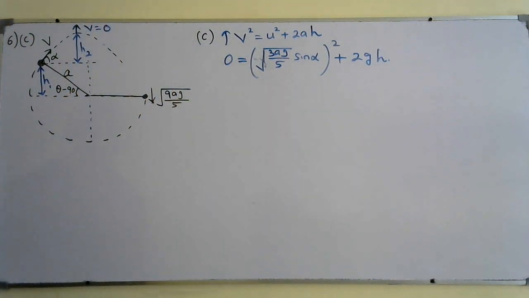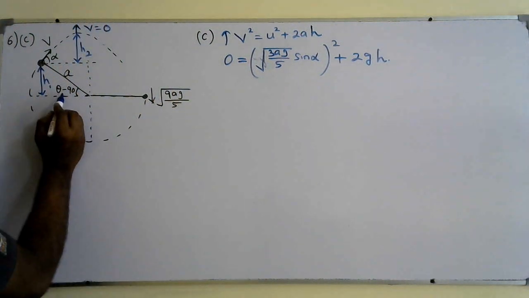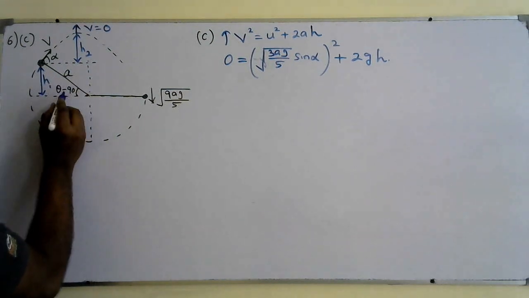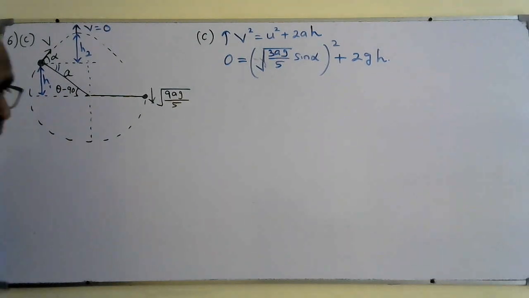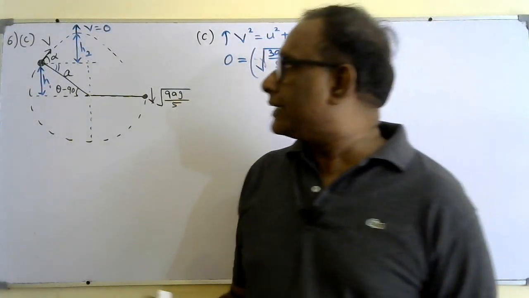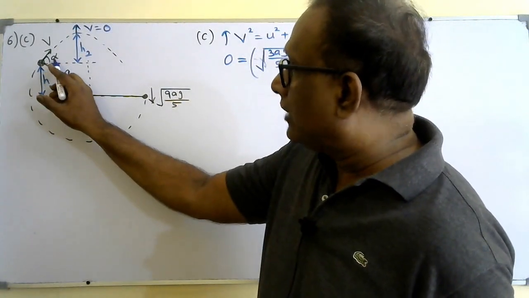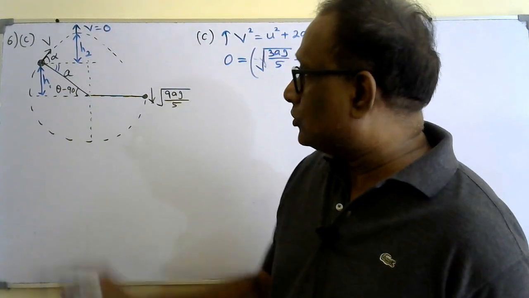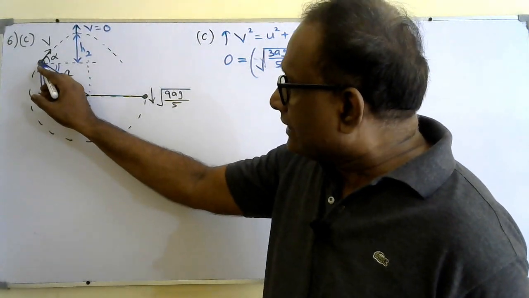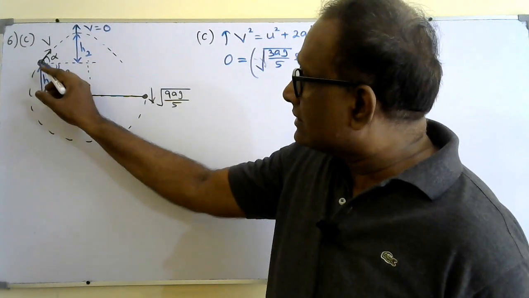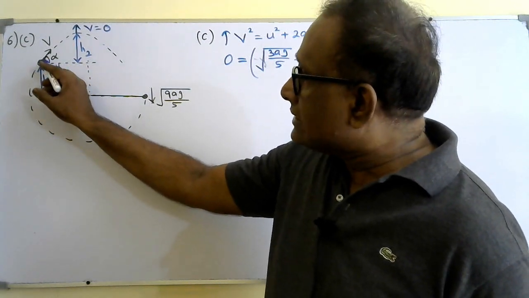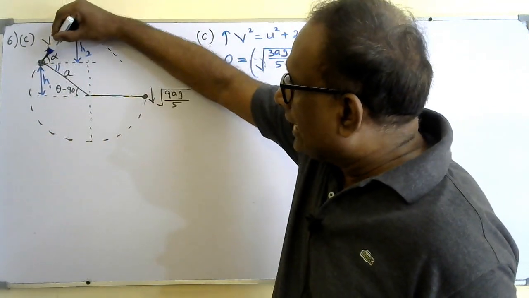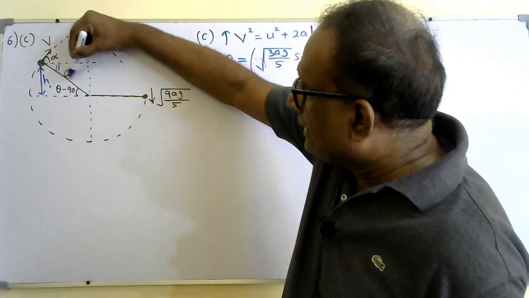So what is sine alpha? Now this is theta minus 90. If this is theta minus 90, this is also theta minus 90 because of alternate angles. So what will be the alpha? We need the alpha for the projectile motion. At the moment the string slackens, the velocity is along the tangent, so this is 90 degrees, the velocity with this line is 90 degrees.